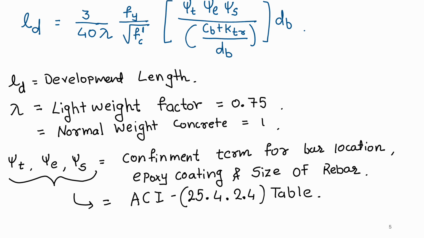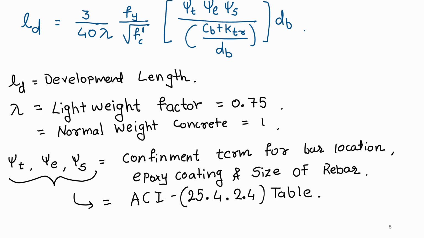Then we have the compressive strength of concrete, which is given as fc prime. Then we have the yielding stress. What we can notice in this equation is some terms for bar location, epoxy coating, and size of rebar that are given in the ACI table. db will be the diameter of rebar.